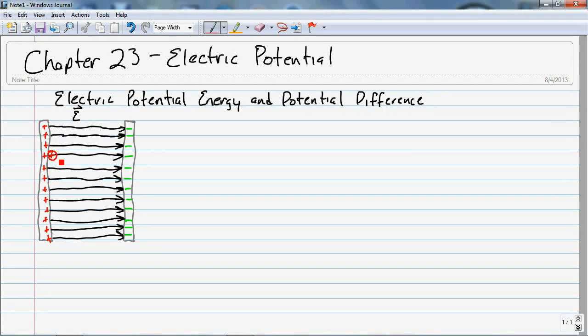Well, at this point you have the forces wanting to repel this charge away, and you have the negative charge wanting to attract. So at this point you have a high potential to move.